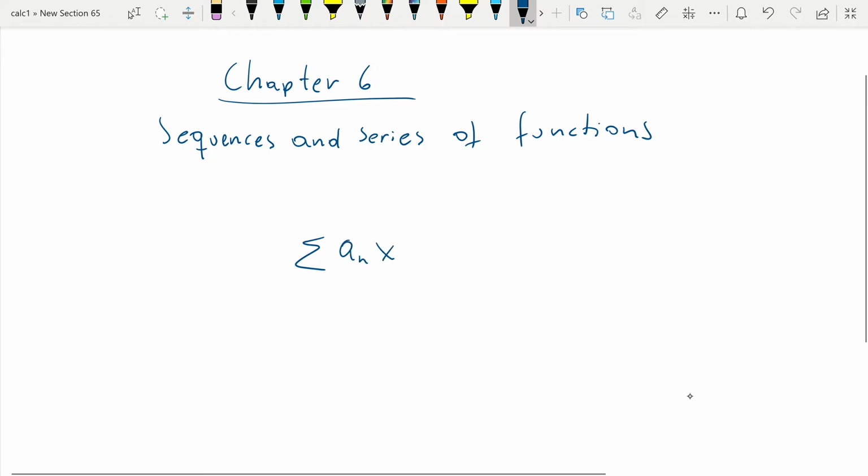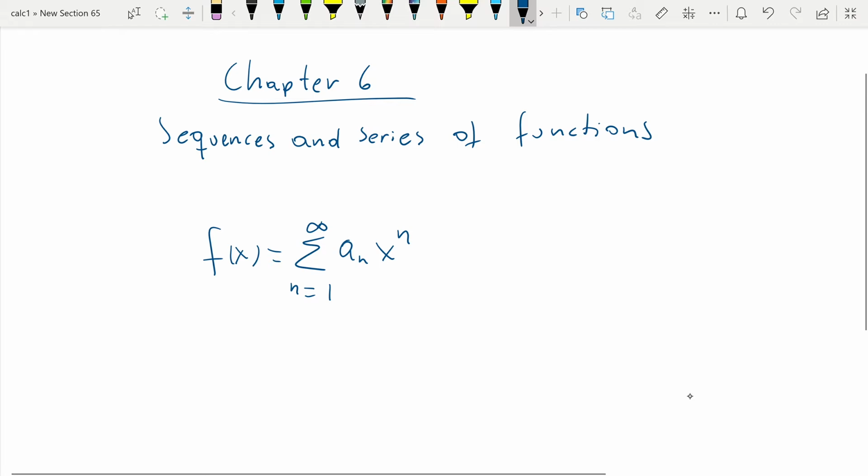this. You must be familiar with expressions like this because you saw them when you analyzed these things in Calc 1 and you considered the Taylor polynomial expansions of a differentiable function.